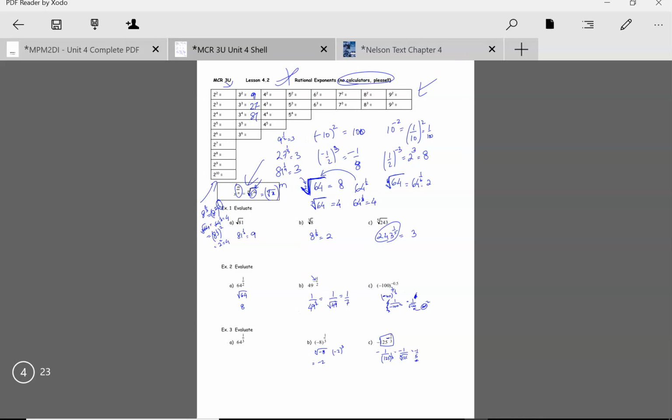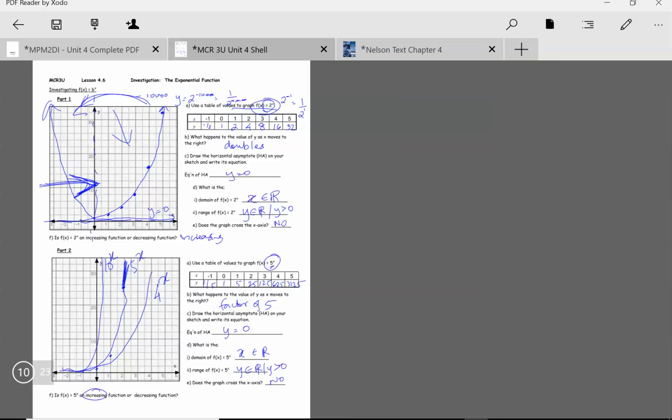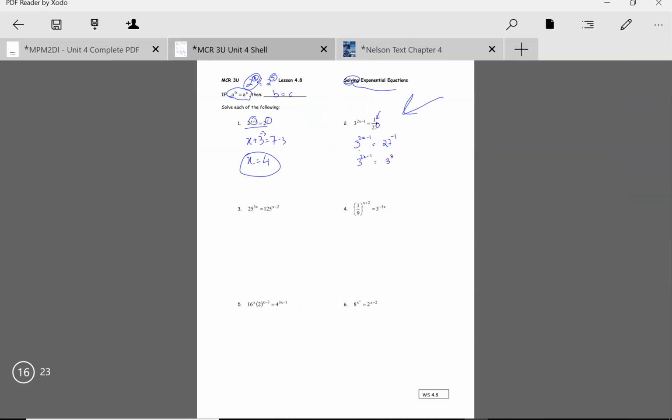It's very important that we know the common exponents of these, at least the first 9. It's very important that you know this table, because if you know it, your life will be so much easier when doing these kinds of questions.